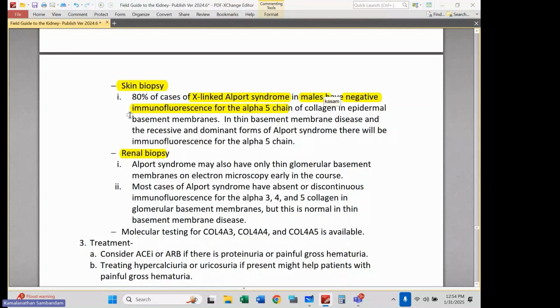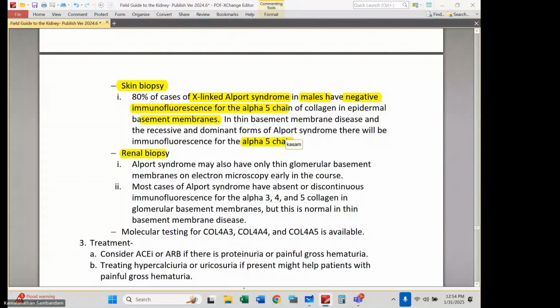I can look for that on skin biopsy, right? And then in thin basement membrane, right, I will see that alpha-5 chain if the thin basement membrane is arising from a mutation in the alpha-3 chain or the alpha-4 chain.